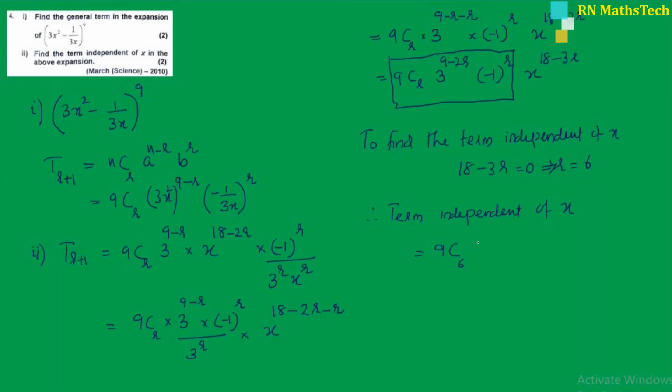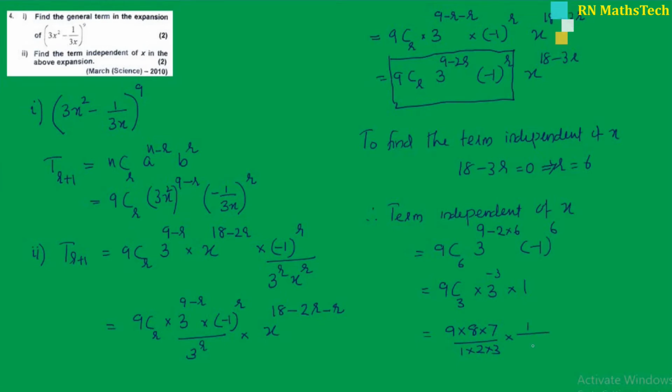9C6 3^(9−2×6) (−1)^6. Okay. 9C6 is 9C3, 3^(9−12) is 3^(−3), and (−1)^6 is 1. So 9C3 is 9 into 8 into 7 by 1 into 2 into 3.